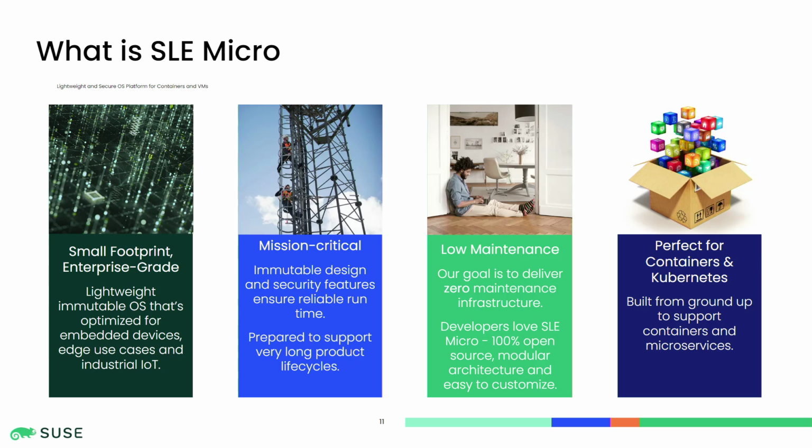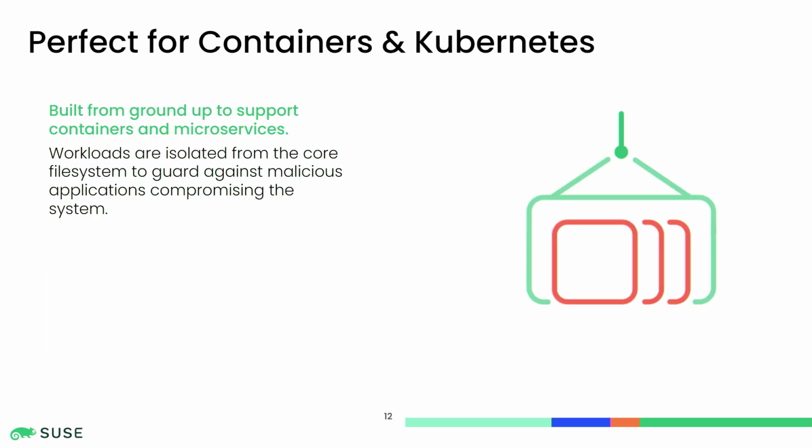We have transactional updates there, which helps you with security, and second, if you're facing any issues during updates, upgrades, or so on, it's very easy for you to roll back. And therefore, it's very low maintenance for the administrators, so quite easy to handle for the infrastructure part. And last but not least, it's perfect for containers and Kubernetes workloads. In the end, it was tailored for that purpose.